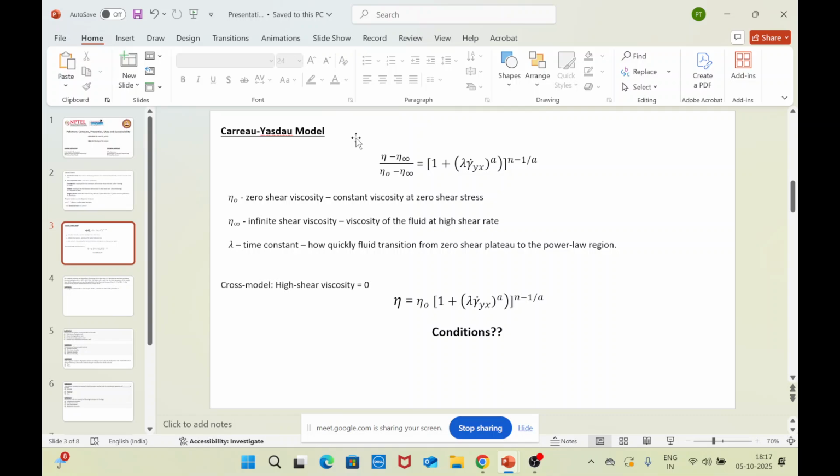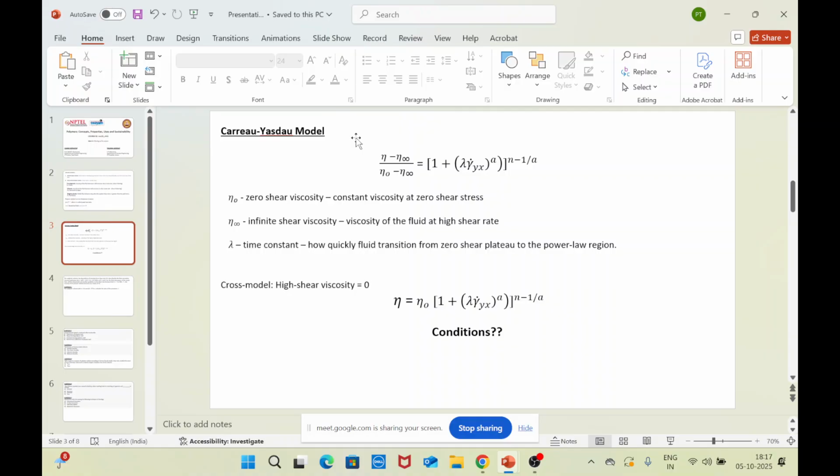So because of the crosslinks being high, the flow in those kinds of systems happens only after a certain stress, which is called the yield stress.